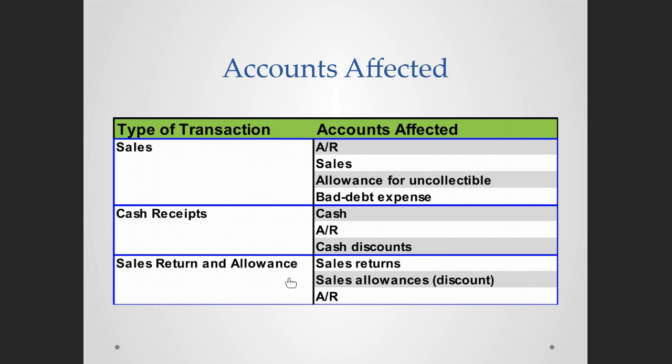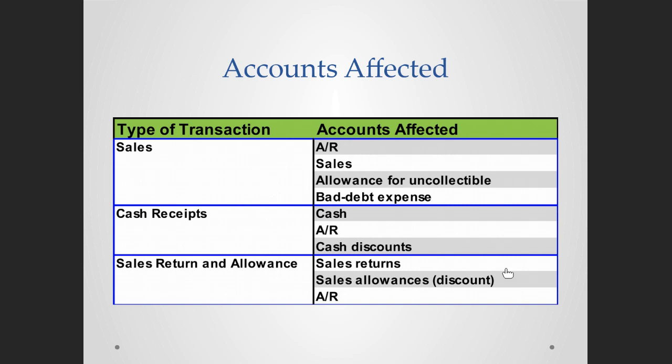The third type of transaction is sales returns and allowances. Sales returns and allowances or sales discounts, they have a particular name, and let me see if any one of you can remember the name of the type of account a sales return and a sales allowance is.